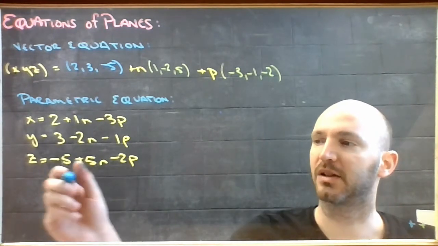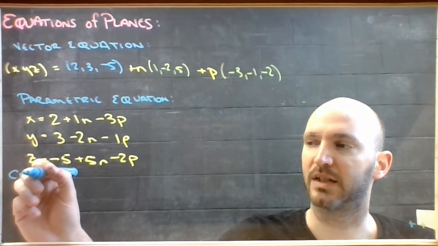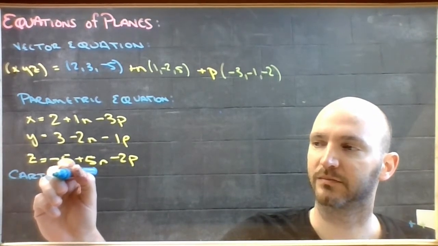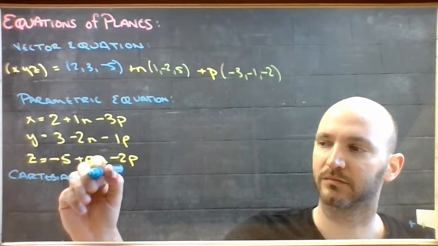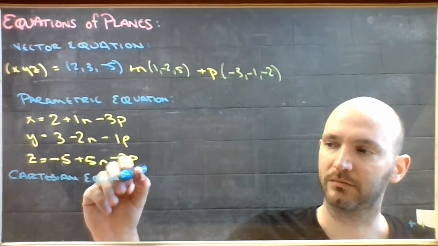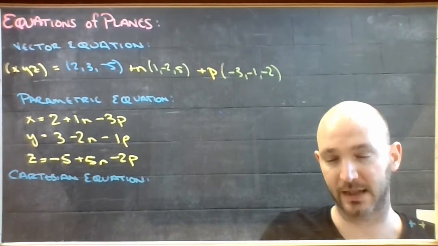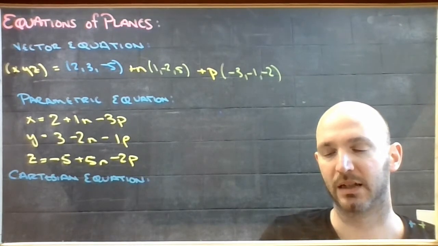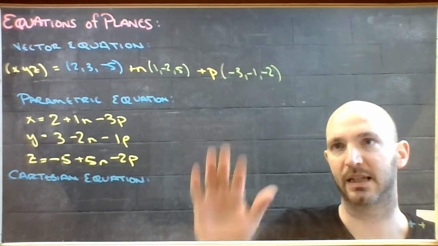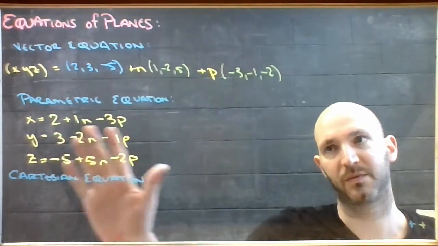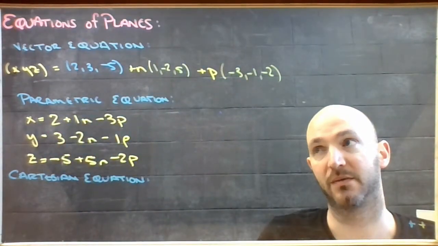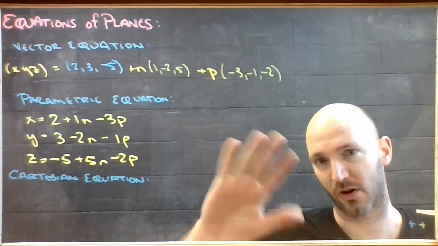The third equation that we're going to have to learn is called the Cartesian equation. Now this one takes a little more work and it's a little more tricky to explain. The idea is that this screen here is composed of an infinite number of vectors that are all parallel to it.